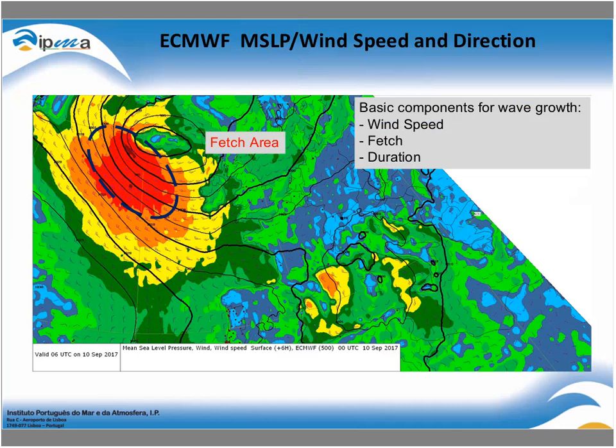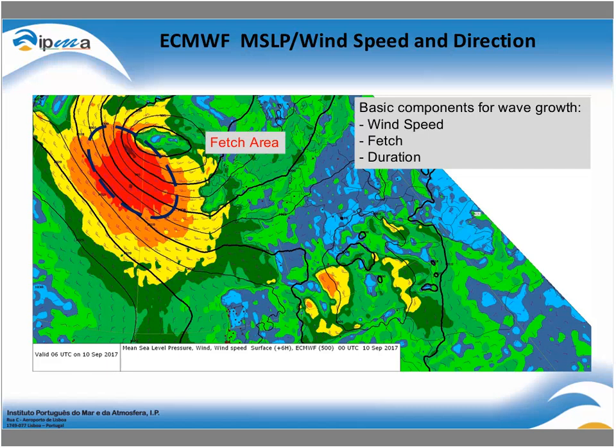Here, I'm sorry, let me just, you have some strong gale and gale, and this is valid for 6 UTC of 10th of September. And we also have the wind speed and the wind direction. You can see it here very well, it's in the northwest in this area mainly.